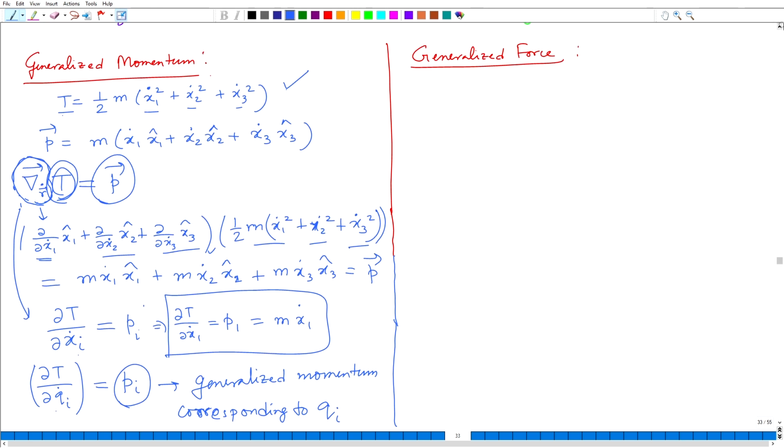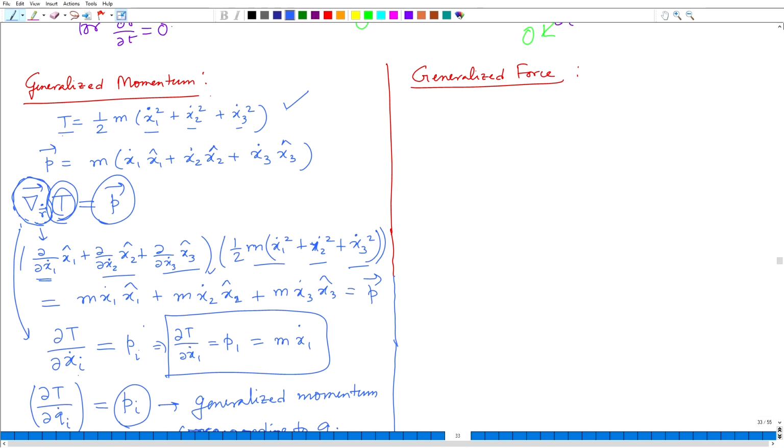Another concept is the concept of generalized force. For that we start by calculating the virtual work. So, virtual work, if you remember, is given by delta W, which is equal to F dot delta r, and this F dot delta r I have already defined in the last lecture.